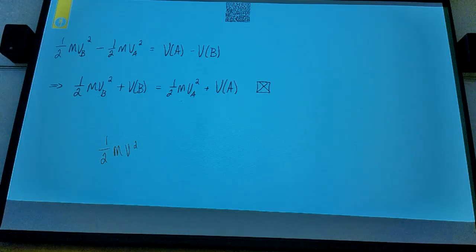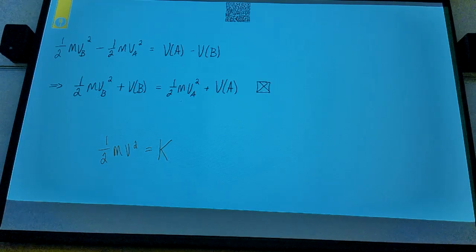What is that? 1/2 mv squared, what does that represent? For what energy? It's just kinetic energy.